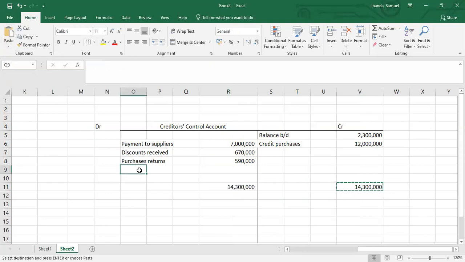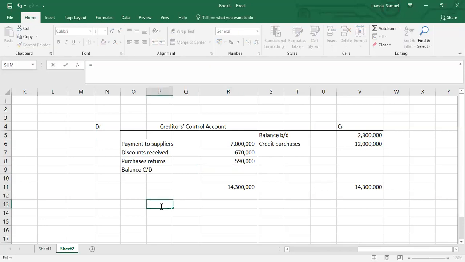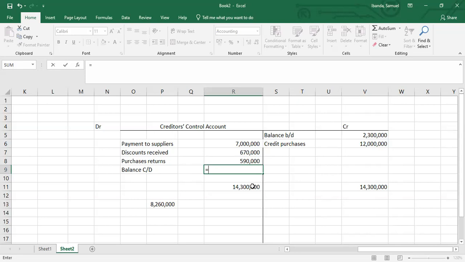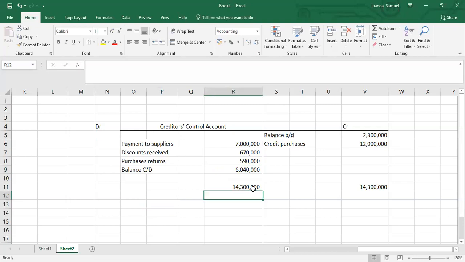So since it's the same balance, I'll have my balance carried down, which is the difference between the summation of what is already existing. This is about 8.26. So the difference between this and this is about 6,640,000. Okay. So that is what I basically have in my accounts.